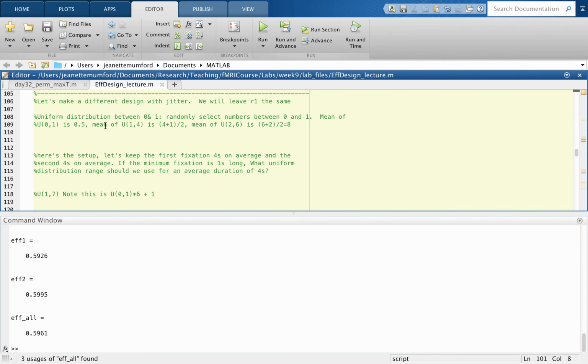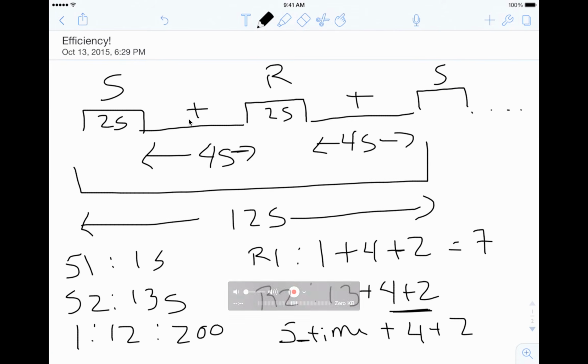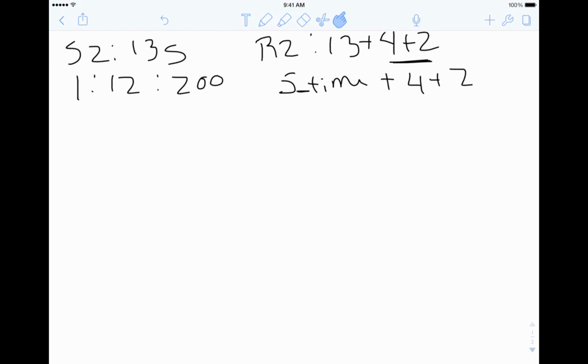Okay, anyway, I'm going to use a uniform distribution to sample the ISIs. And basically what I'm going to do here, going back to this, remember we have our stimulus. This will always be 2 seconds.